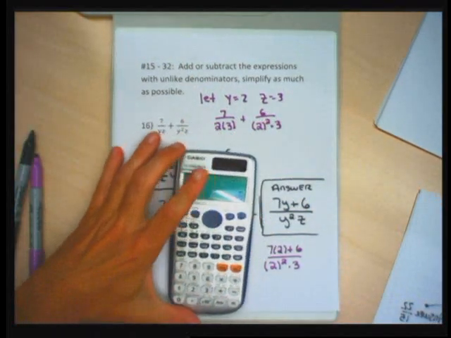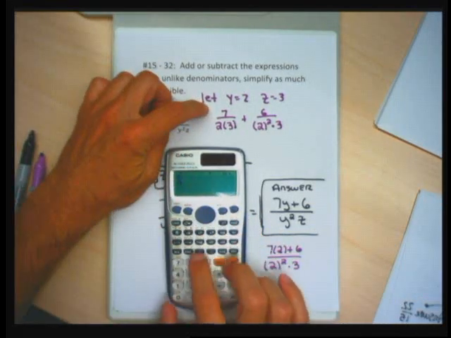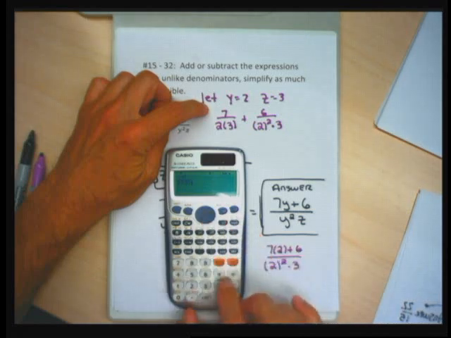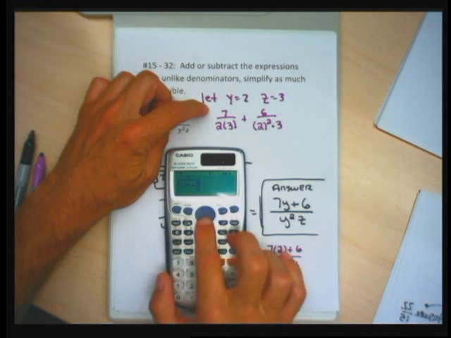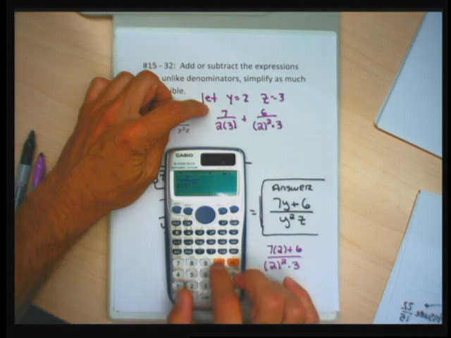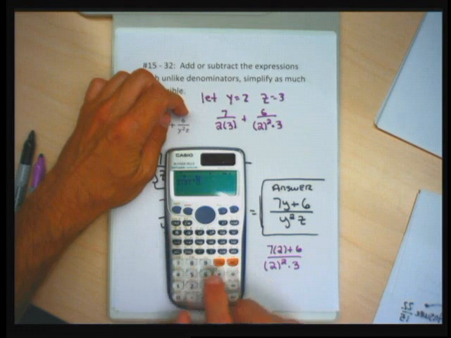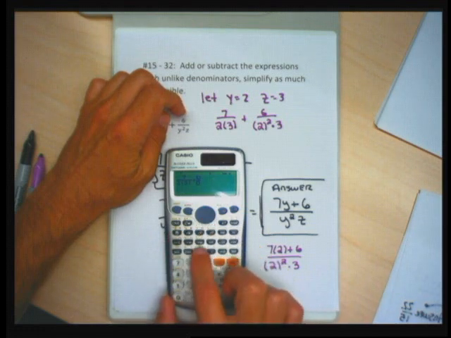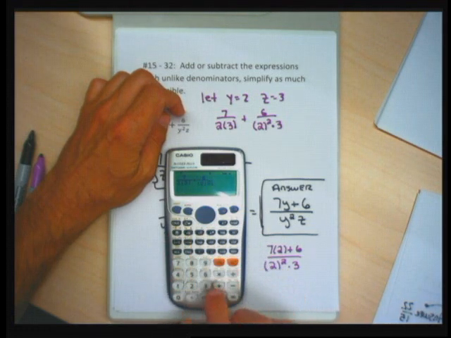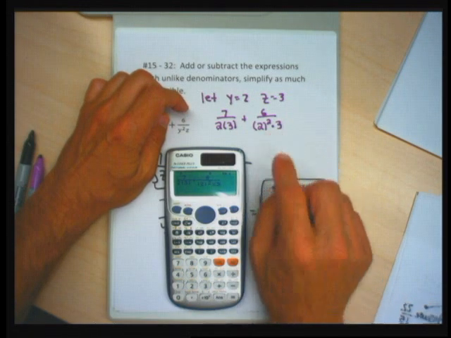So let me do this. Top one, 7 over 2 times 3 plus 6 over 2 squared. I don't think I need a times sign, but I'm going to put a times sign there just because I'm worried how that exponent's going to be read.